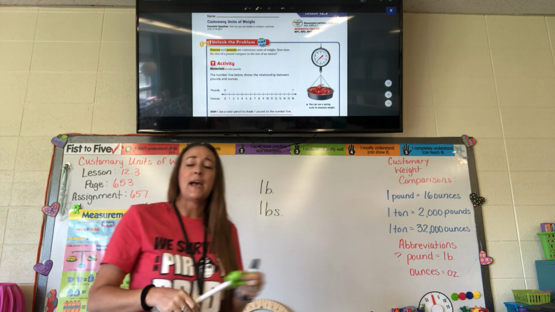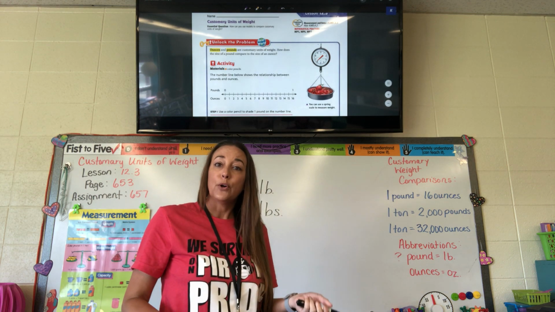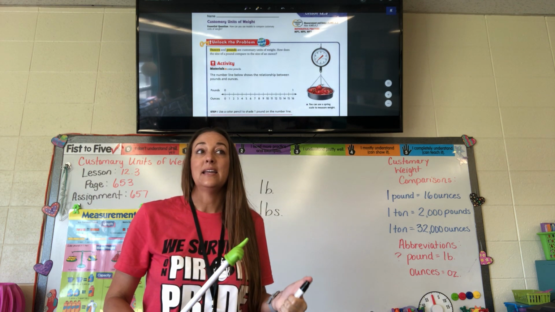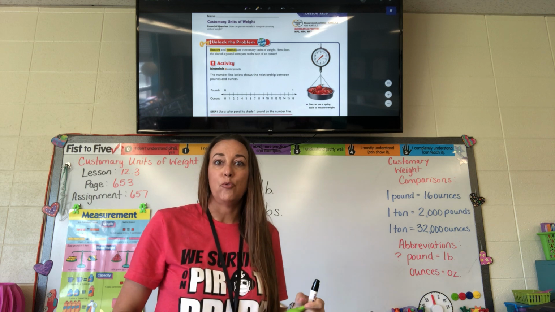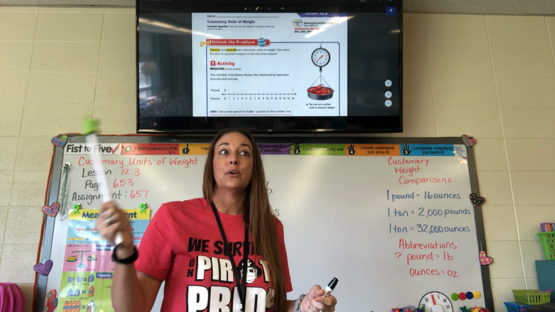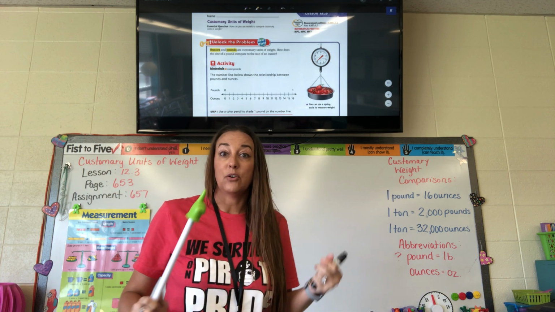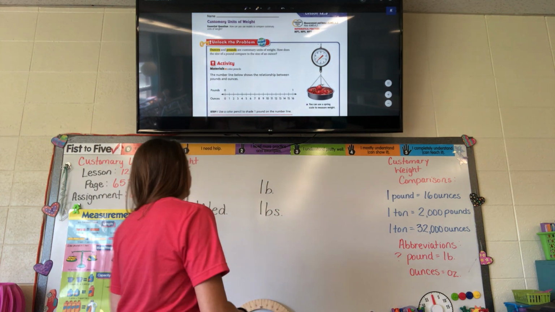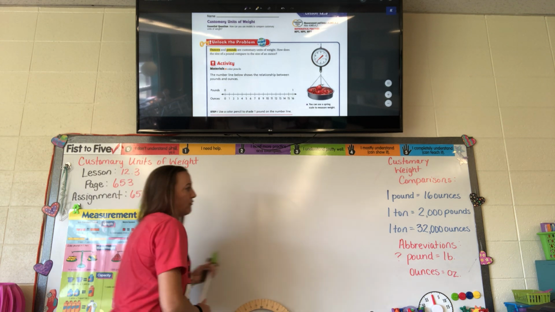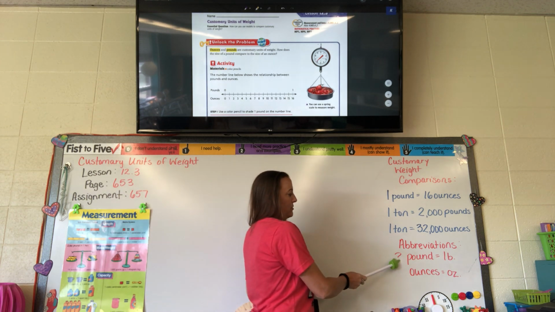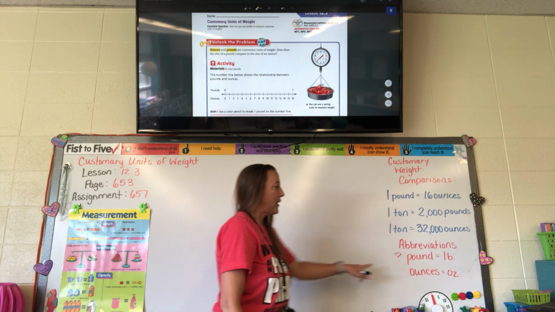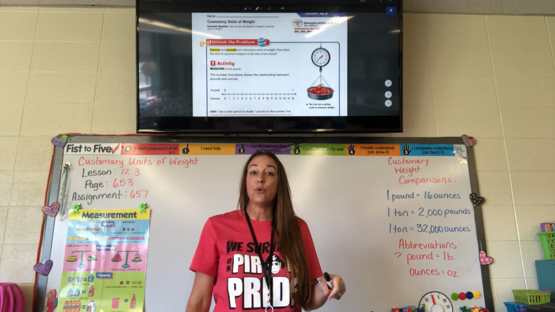It goes back to the Latin word for pound, which is Libra, like the horoscope sign for people born in late September, early October, who are called Libras. So just a little side note there for you. Pounds, the abbreviation is going to be LB, and for ounces it's OZ.